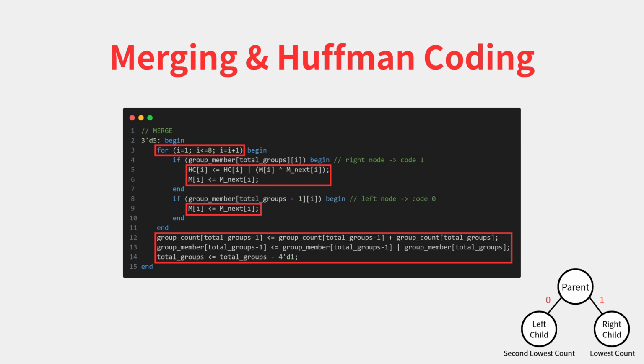And this always block is the key module of our Huffman coding algorithm. The for loop and the group member is to search which input index Huffman code needs to be plus 1 or 0. And then we use mask and mask next to position a bit. Give right child 1 at given bit by XOR gate and update mask.